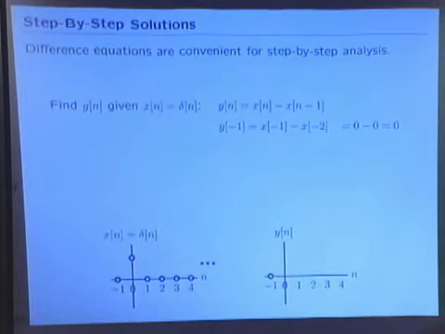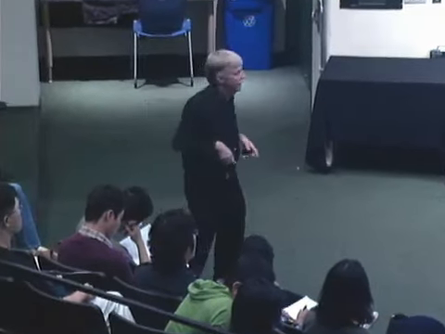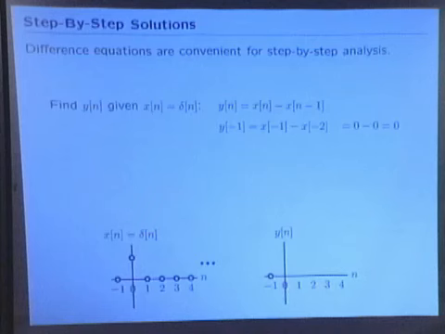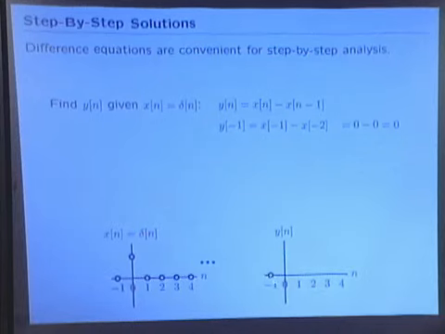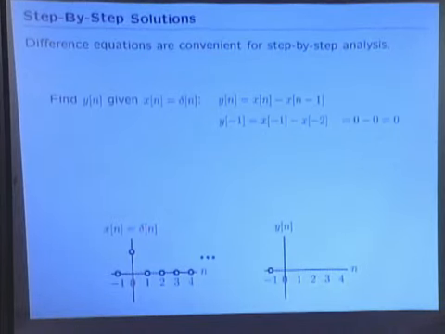So there's a finite range of inputs that can contribute to the output. In particular, if I substitute n equals minus 1, I would see that the output y at minus 1 depends on inputs before the delta function started. So therefore, the answer is 0.